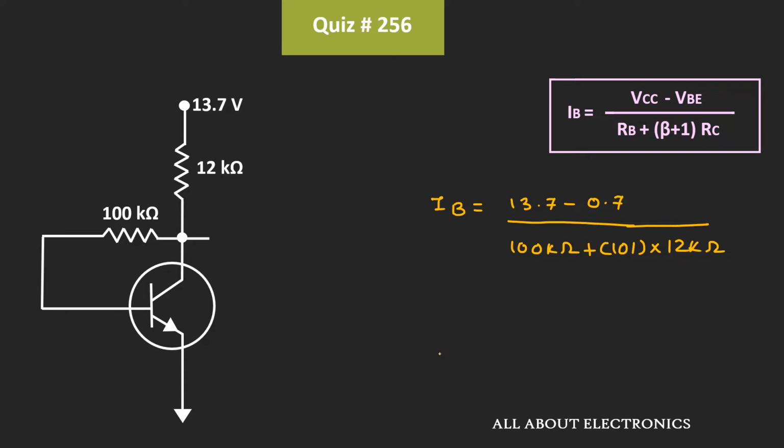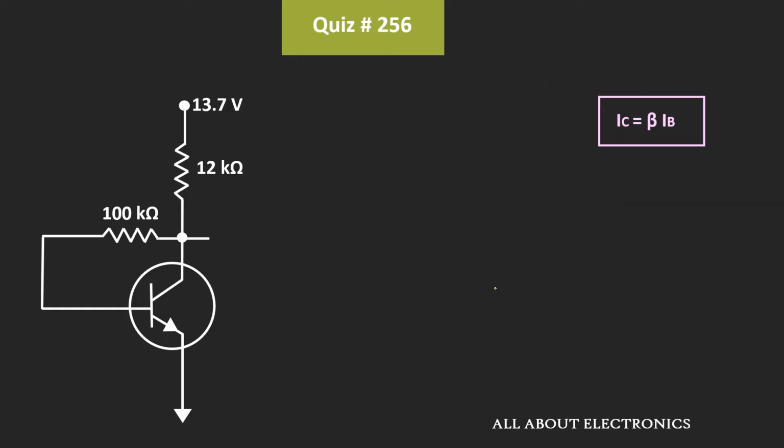If we calculate the value of this base current, it will be roughly 10 microampere, and the collector current IC is equal to beta times IB. That means this collector current IC will be equal to 100 times 10 microampere, that is equal to 1 milliampere.